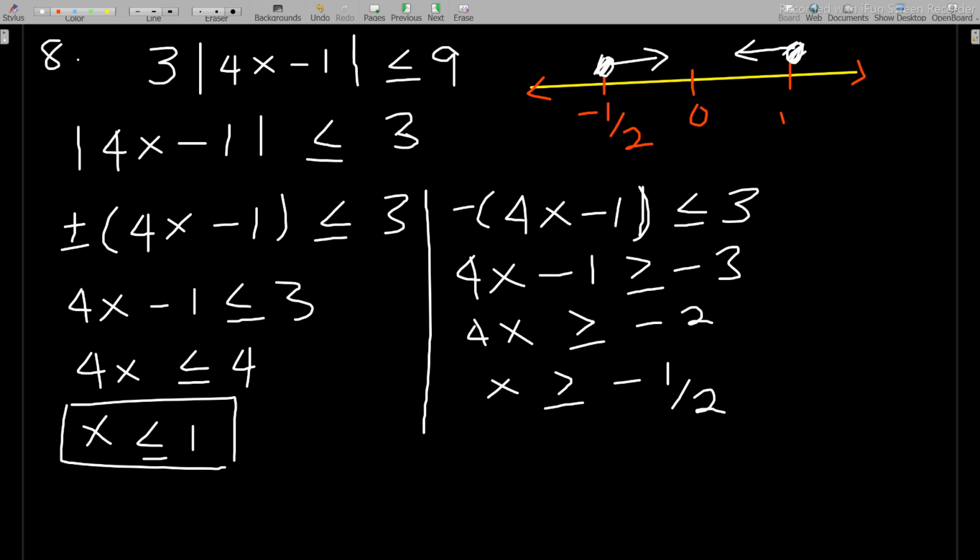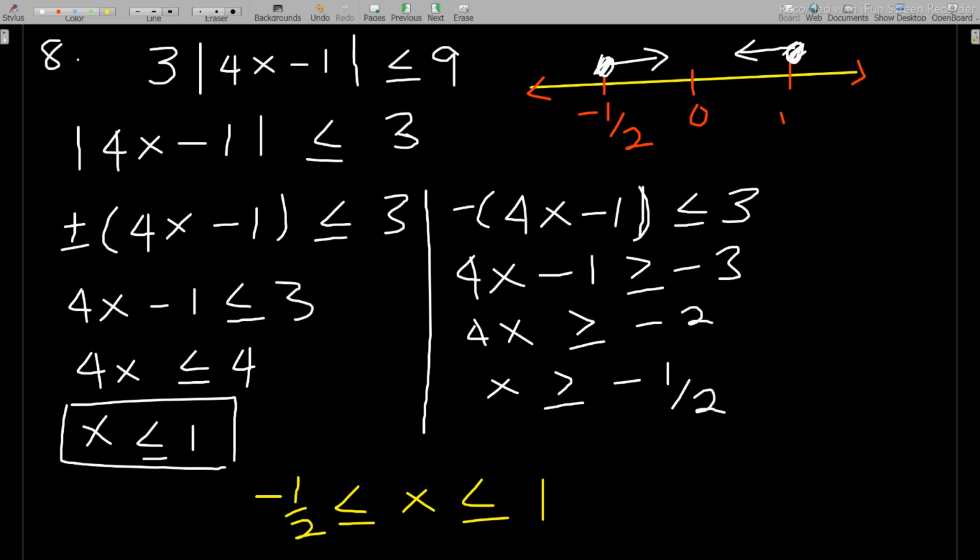Now since this is true, and you can see that the arrows are merging, it means they are together. Let me put it that way so that you can always see that when the arrows are meeting, you can write them like this. You write the least one first. So the solution is negative half less than or equal to x, then less than or equal to 1.